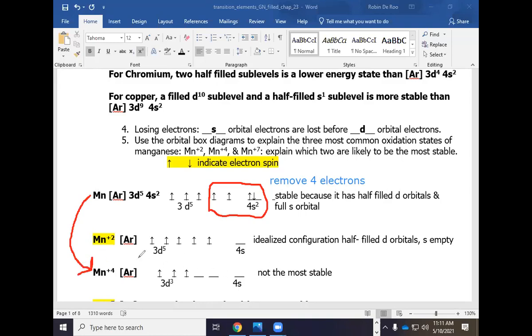It's not more stable than the Mn plus 2. Mn plus 4 is not more stable than Mn plus 2.